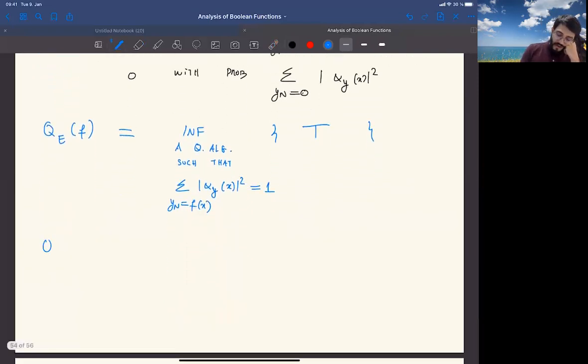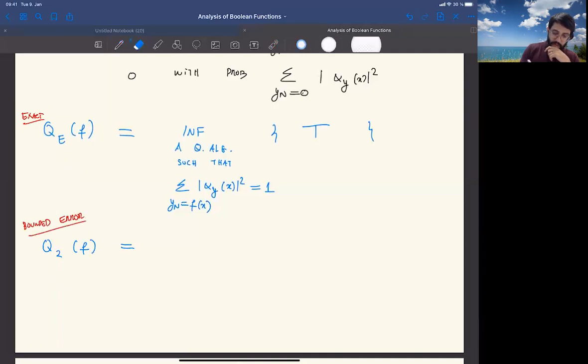That's exact quantum complexity. We have another one, which is Q2 of f, and that is what they call bounded error. So this is exact, and that is bounded error. And what is bounded error?